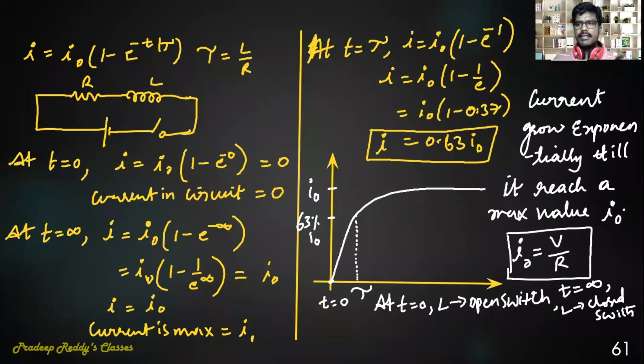So at steady state, the inductor acts as just a wire, and you can replace it with a closed switch. Just when the circuit is made, at the initial time, the inductor acts as an open switch. There will be no current flowing in the circuit.